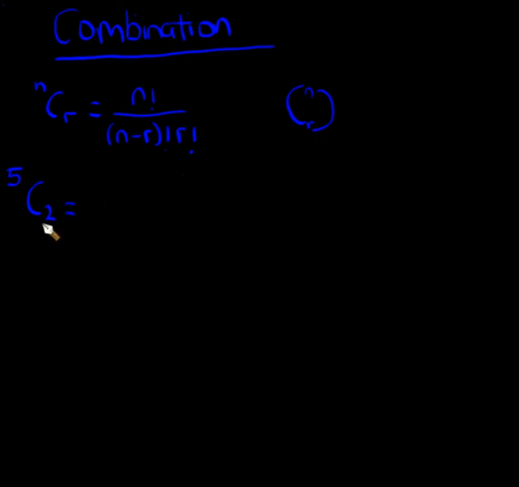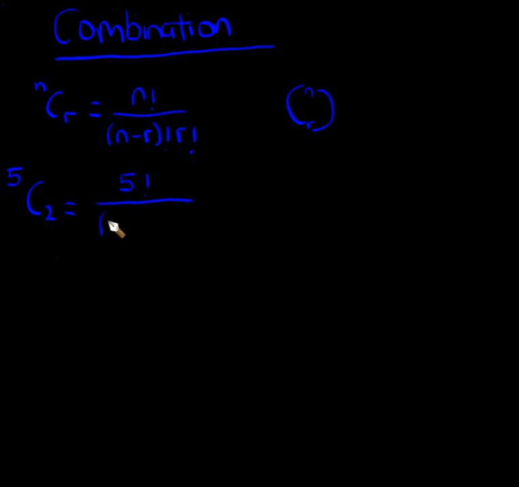Let's play with our question. We are given 5 choose 2, or 5 combination 2, and let's see how we solve that. If 5 represents n in our general formula, the first thing we need to do is take the factorial of 5. That will be 5 factorial all over, at the denominator, the difference between 5 and 2, and we find the factorial of that.